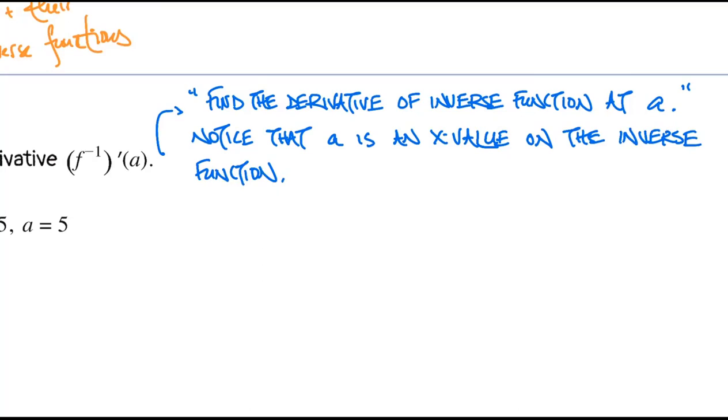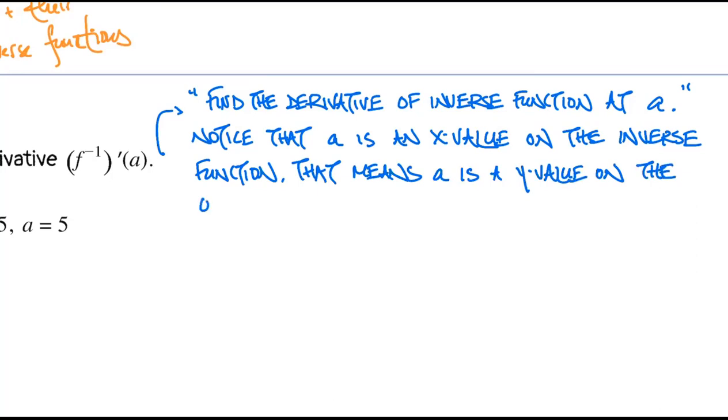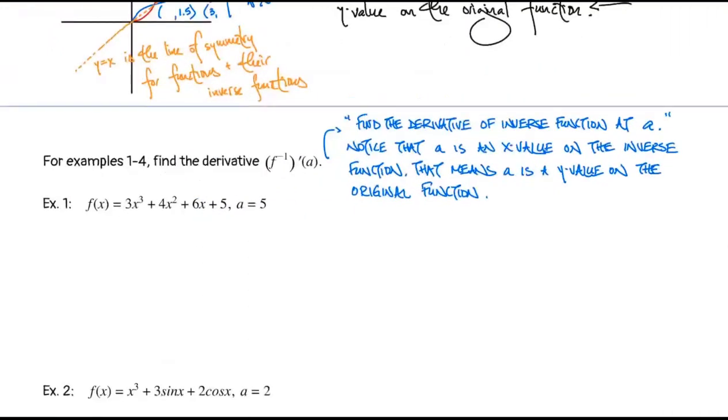What does that mean it is on the original function? That means a is a y value on the original function. So the symbols mean find the derivative of the inverse function at a.